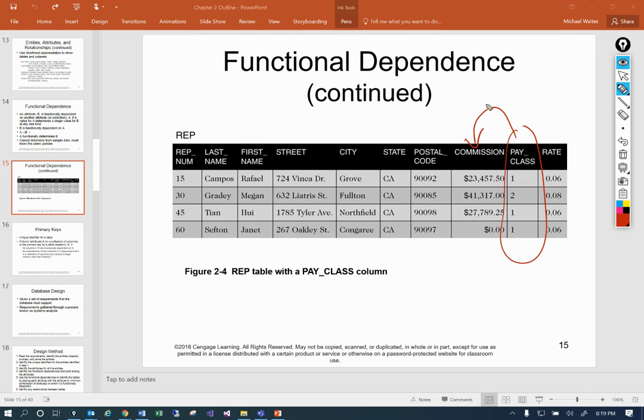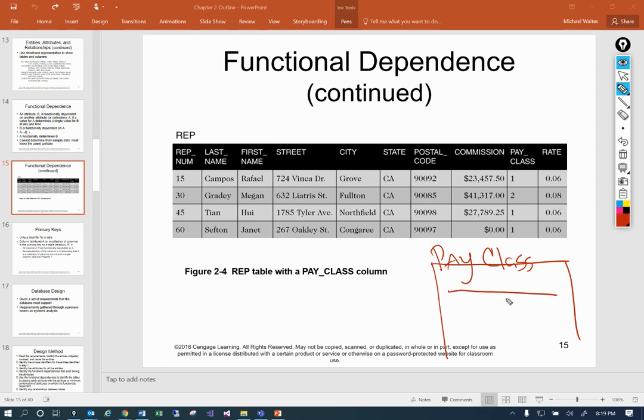And more so, if we want to talk about it, there's very well possibly another table out there that is in regards to pay classes, and the data that you're going to find in this table wouldn't exist without this piece of data. So again, there's that functional dependency.